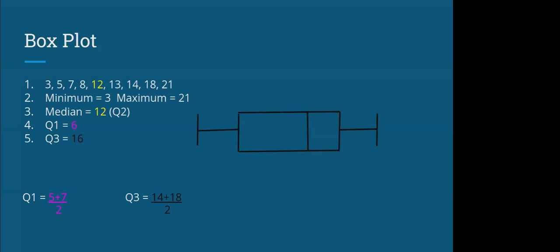I put my numbers in order, and I kind of X'd out all the ones until I got 12. That's the median of the data set. I agree. We are now trying to find quartile 1. We are trying to find the middle. That's how you get quartile 2, right?